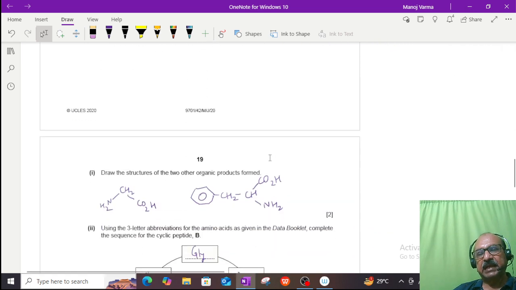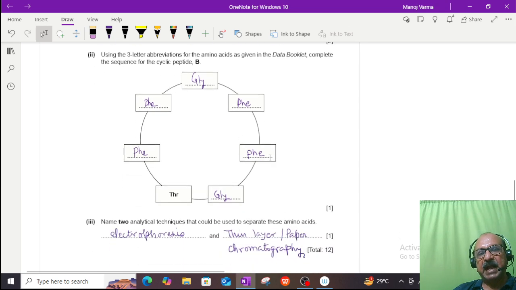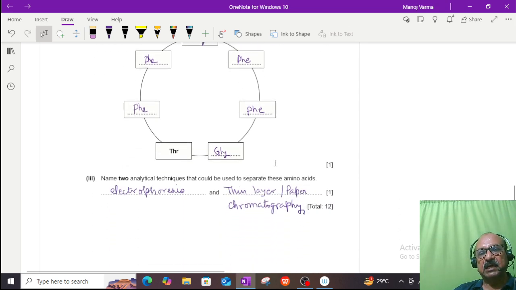And then how these amino acids can be separated from one another. You are already aware that electrophoresis is one method whereby the different amino acids, which differ in their charges and masses, can be separated when they move to the different electrodes.